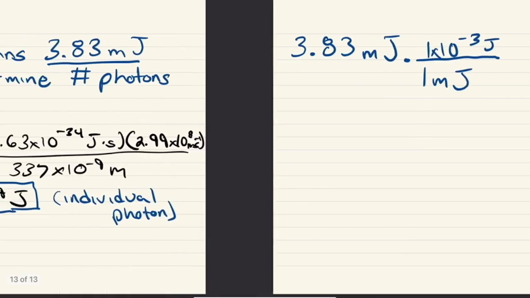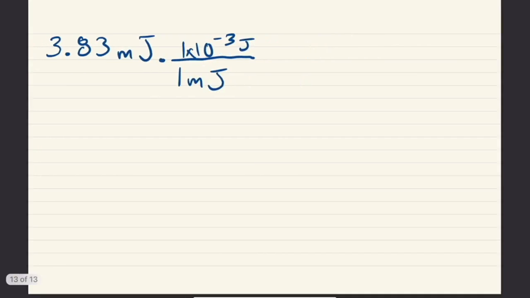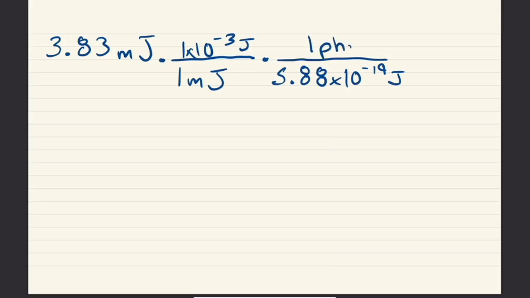And that is done like so. Now we would utilize our energy here, recognizing that if this is the energy of an individual photon, we can place this in our dimensional analysis using just that: 5.88 times 10 to the negative 19 joules per one photon.